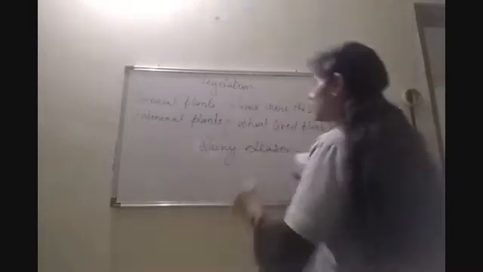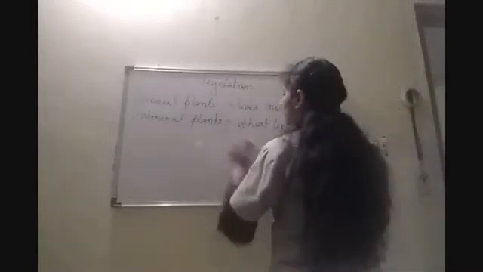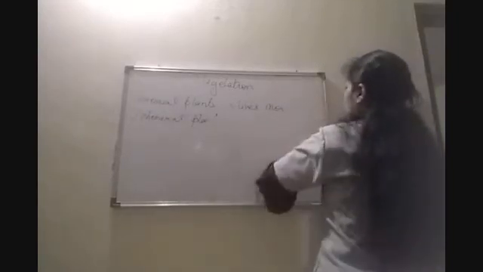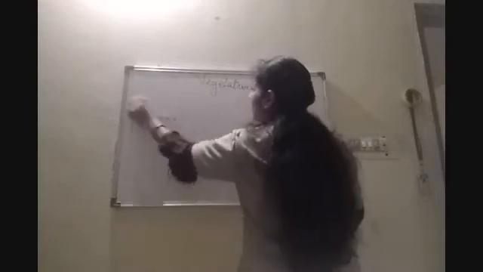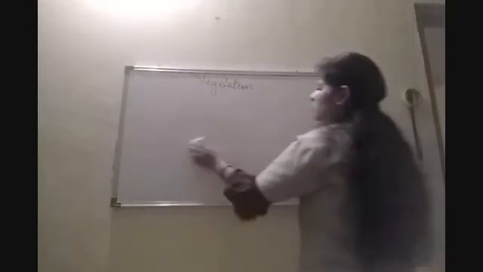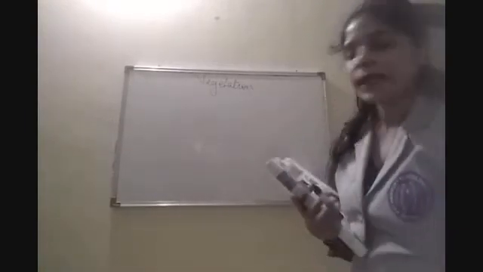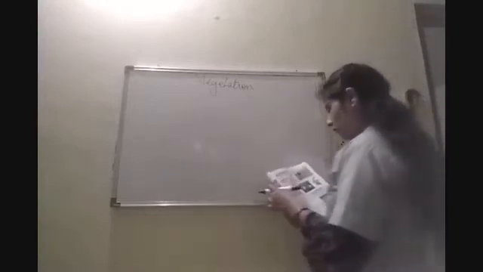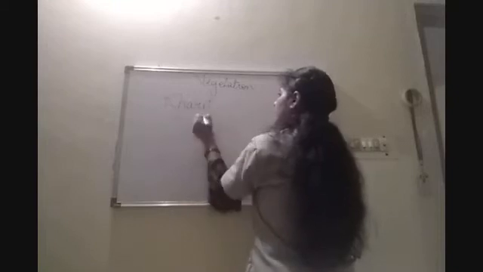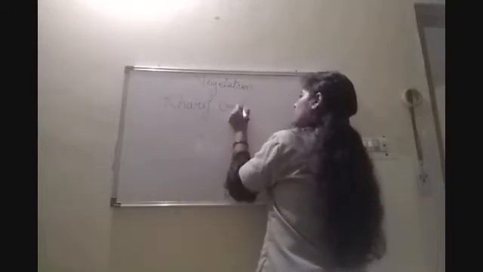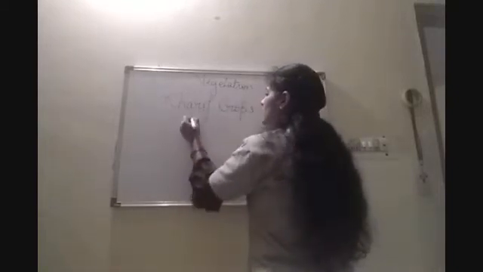As I told earlier in the physical features of the Thar desert, the people depend on seasonal rain water. Okay, so seasonal rain water, now we are connecting both terms, that is your kharif crops. So what are these kharif crops?